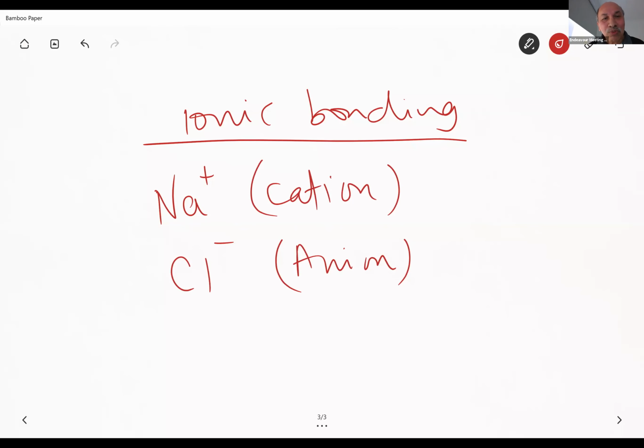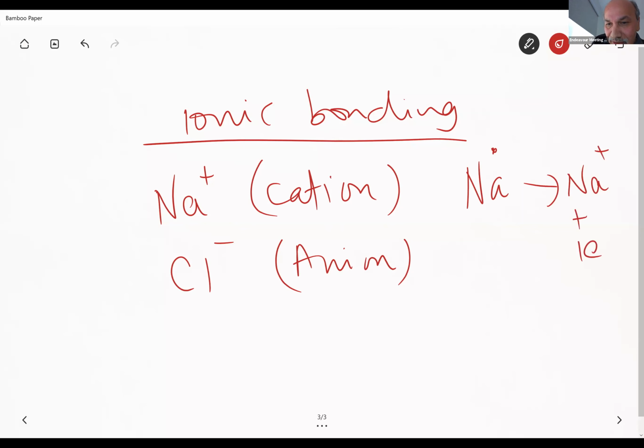So that is what happens in ionic bonding. Metal forms cation, non-metal forms an anion. Now, how is sodium ion formed? Remember, sodium has 1 electron in the outer shell. So it is going to form sodium plus 1 electron. Chlorine with how many electrons in the outer shell?